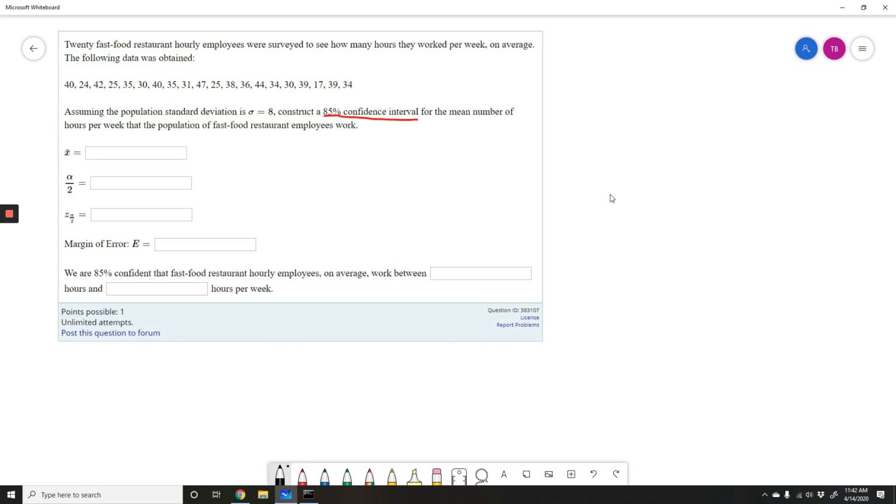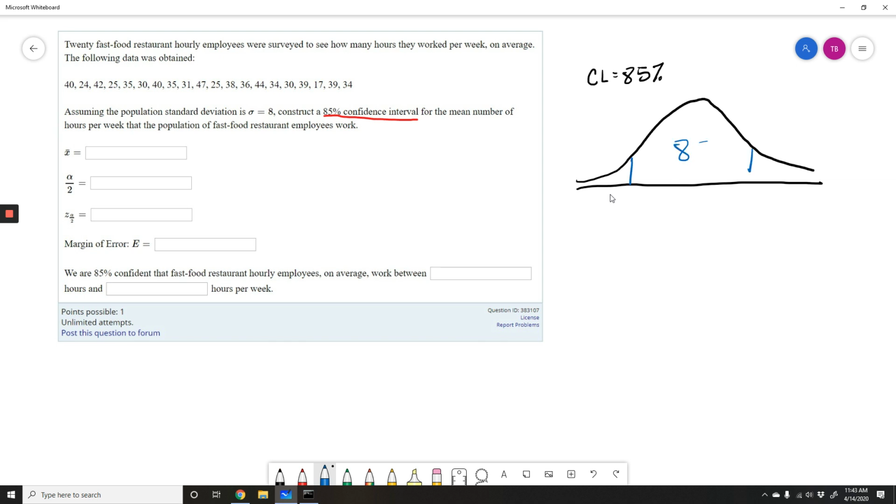So that's our confidence level: 85%. Graphically, that means we want to find the middle 85% so that we are 85% confident that the true population mean is somewhere in that interval. We are looking for this value and this value, the bounds of that interval.